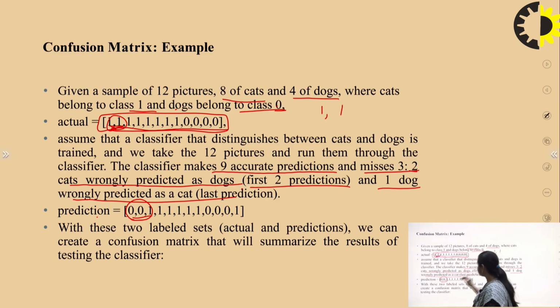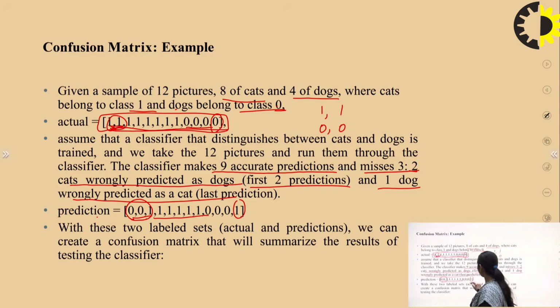But here, as per the prediction of the classifier which we have trained in the machine, it is considering the first and second images of dogs as cats, and the rest, I think till here it is fine. But lastly, you can see this is 0 and this is 1.